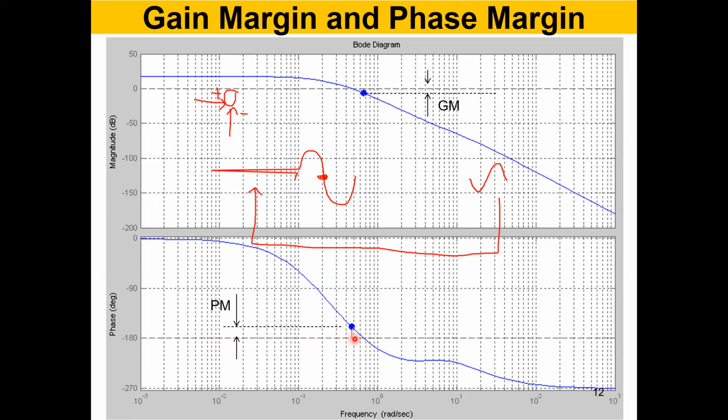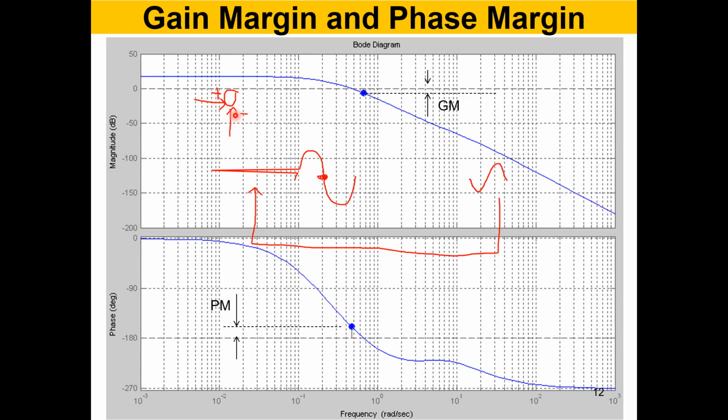Then you are feeding back the same signal with the same magnitude, but 180 degrees out of phase, right, to the reference signal. So this feedback is nasty. It is the same magnitude signal, 180 degrees out of phase. You are actually doing positive feedback, where you are actually supposed to do negative feedback.